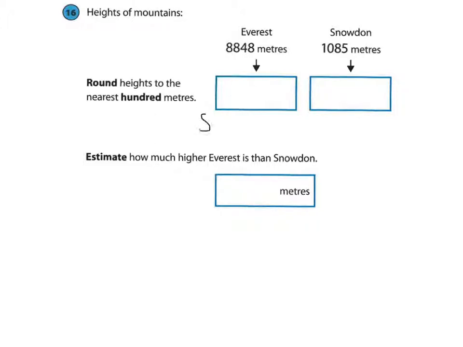So if we have a look at the number 8,848, it's going to come between 8,800 or 8,900. If we look at the digit to the right of the hundreds, which is the 4, we know that if a number is 1, 2, 3, 4, we round down. If a number is 5, 6, 7, 8 or 9, we round up. Here, the tenths is the number 4, so we're going to round it down. So we're going to round it down to 8,800.